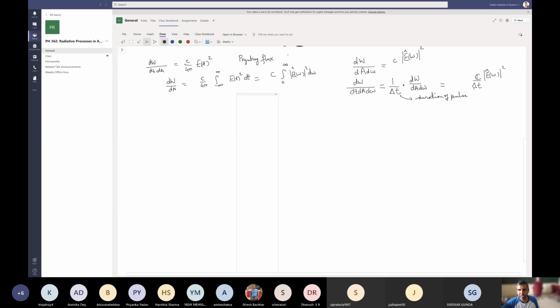In the limit of a long pulse, this just becomes the limit delta t going to infinity. If you have a monochromatic wave which extends from minus infinity to infinity in time, then this is just that. So this is sort of solid angle integrated in some sense.